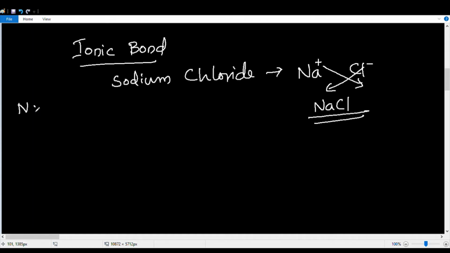Sodium has a total of 11 protons and 11 electrons. Chlorine has 17 protons and 17 electrons.